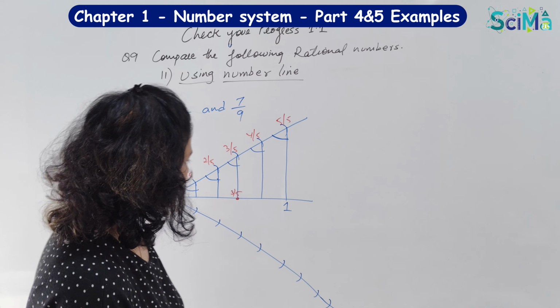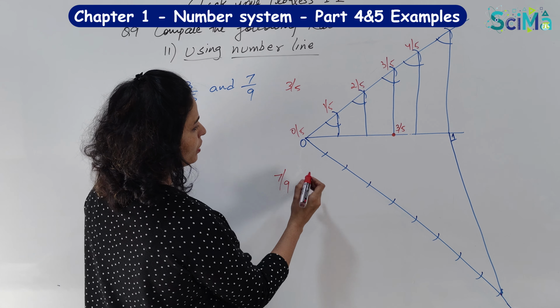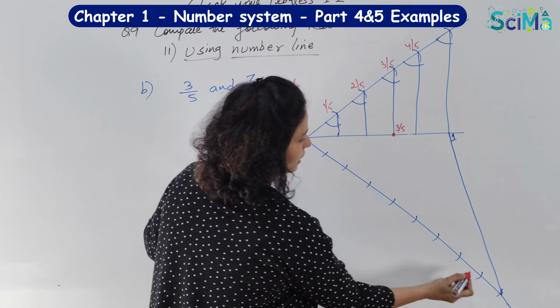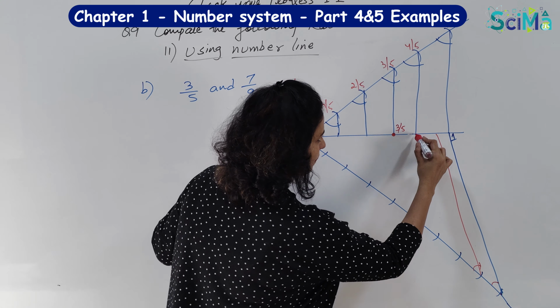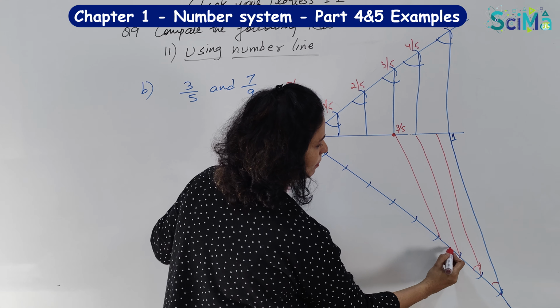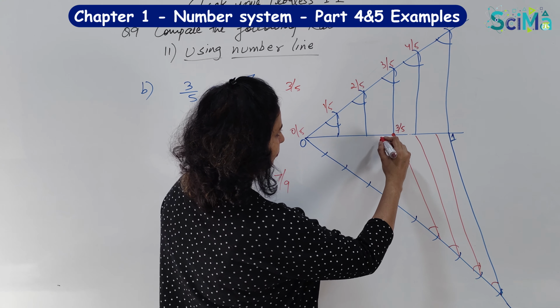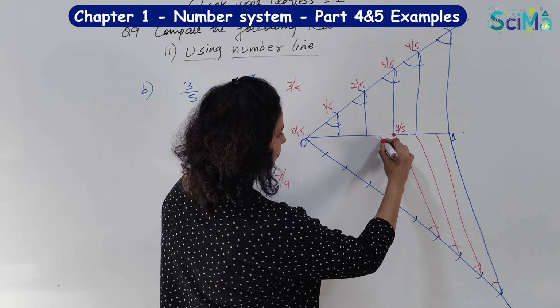I have joined this last part to 1. Now here you have to take the same arc, and cut, so you get these lines. If you take the same arc measurement, you have to use your compass. The same thing you will get here also.